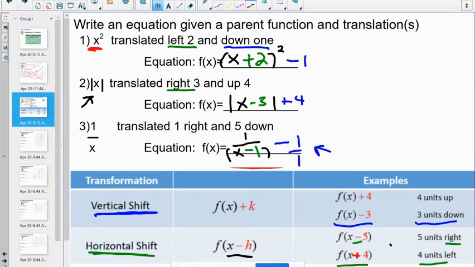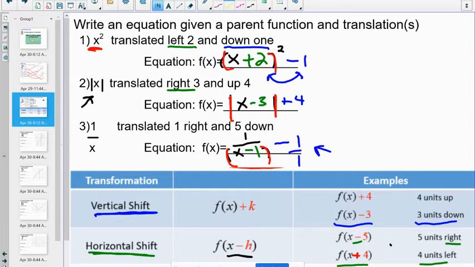Remember, it's very key today that you don't mix up your horizontal and your vertical shifts, because if these were switched places, that would be a completely different function. So make sure you're putting your horizontal shift within that grouping. For instance, if it's absolute value, make sure it's within the absolute value signs, or within the parentheses.